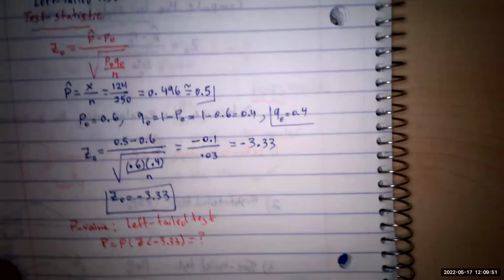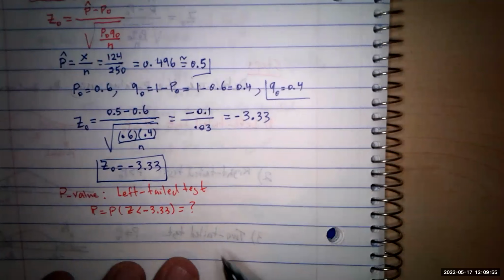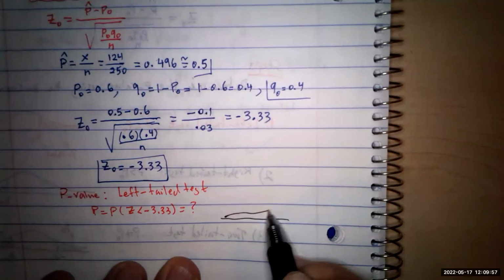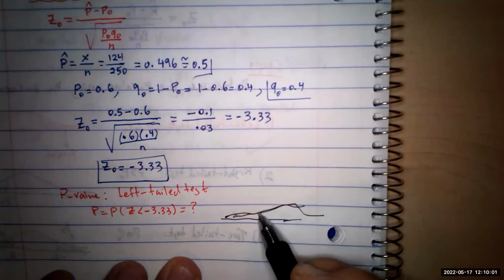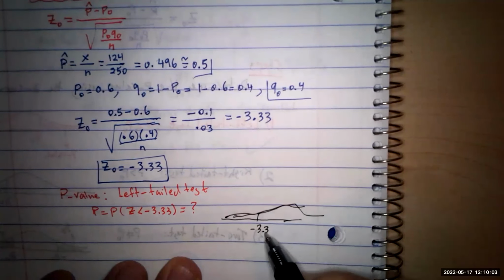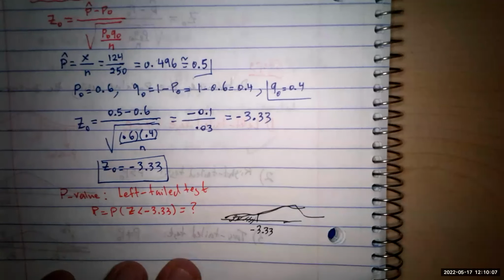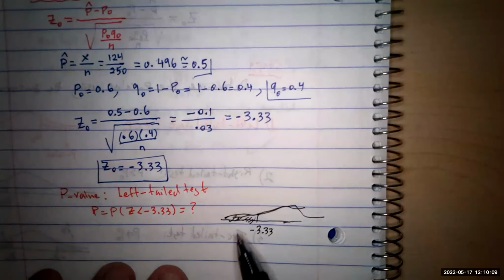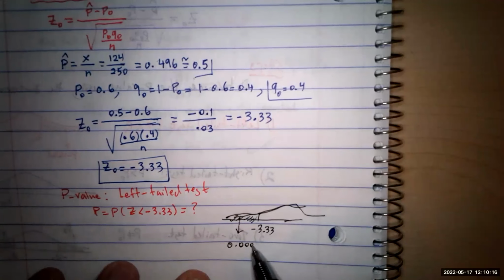This is what we are interested in. We know that we get this number from the table quickly. It's going to be a very small number. Check the table, 0.004.